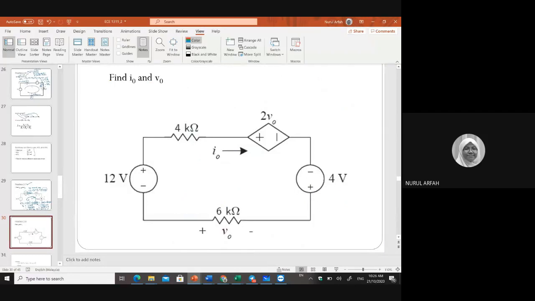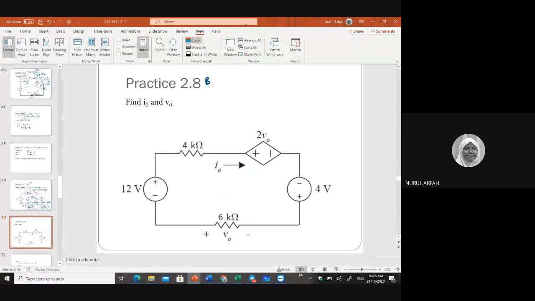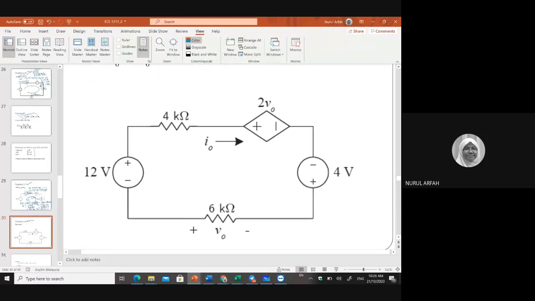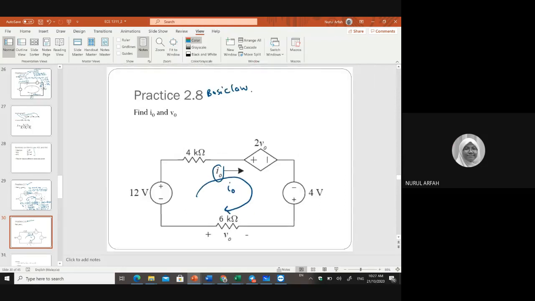Okay, now this one. Use basic laws. What current direction are you going to apply here? Counterclockwise or clockwise? Clockwise. How do you know? It's already given, you just follow the given one. I0. And then what to apply next?